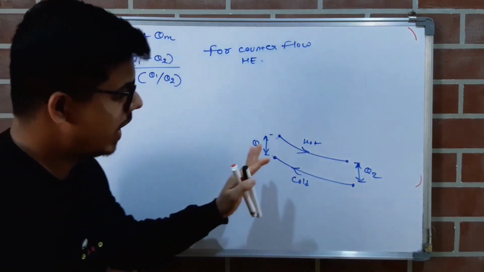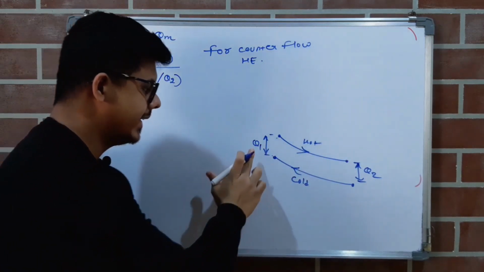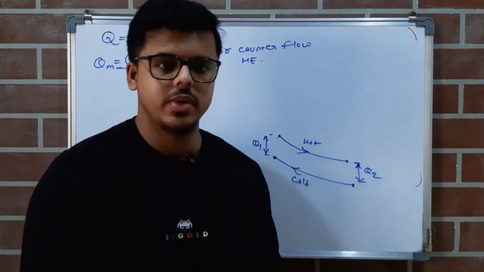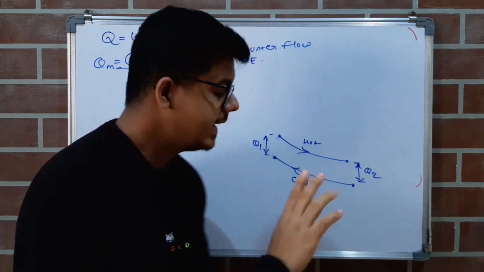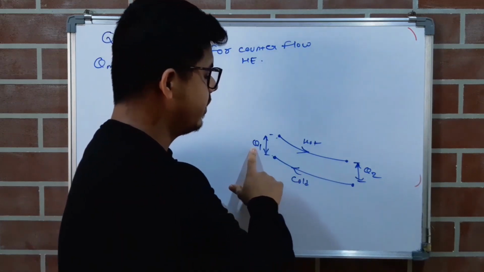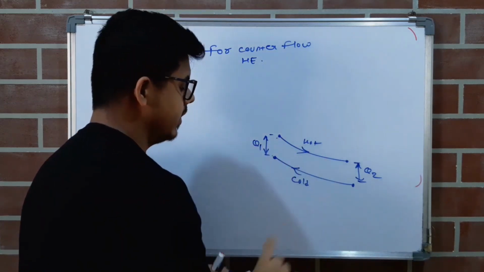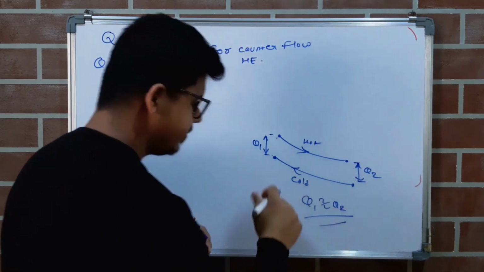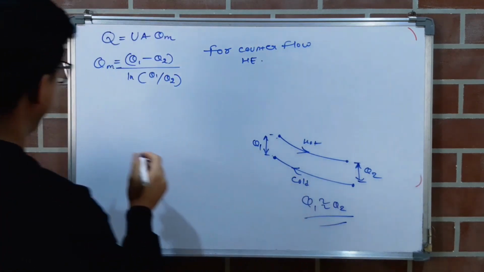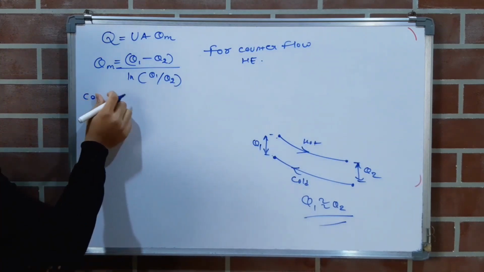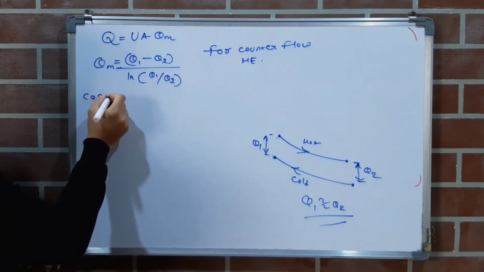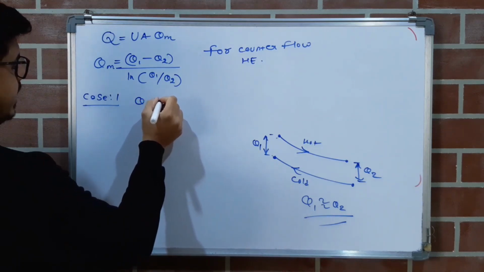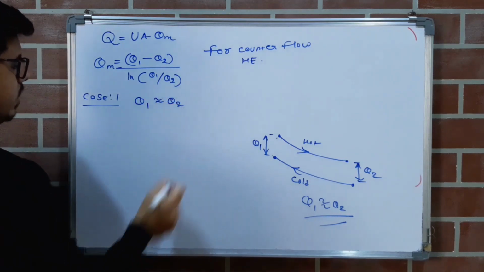If you observe minutely, you will find that the end temperature differences theta 1 and theta 2 are almost the same. Not in all cases, but in some cases we can take the end temperature difference as the same, that is, theta 1 almost equals theta 2. We will assume this as case 1. So let theta 1 equal theta 2.